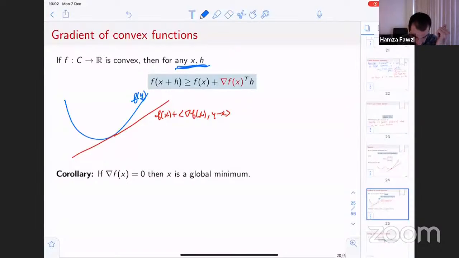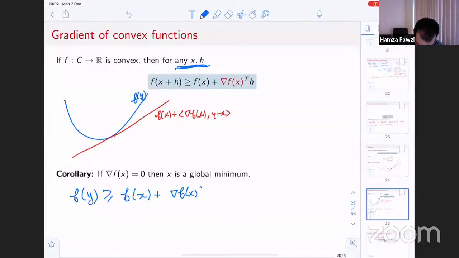This is one such example: if the gradient of f of x is equal to 0, then x has to be a global minimum. The proof is very simple. If I just plug in h equal to y minus x, f of y is bigger than f of x plus the gradient of f of x transpose y minus x. But this is equal to 0.